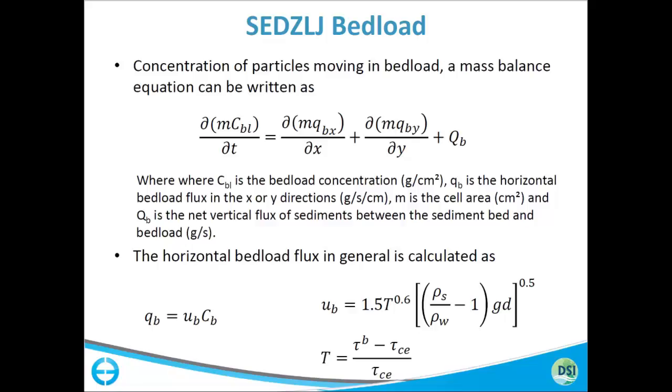And this applies in both the U and the V component, so you can calculate bed load in the X and bed load in the Y, and then your transport term. And this term here, QB, is the exchange between the bed and the bed load layer. So that's that fraction of material that gets up into the bed load or deposits out of your bed.